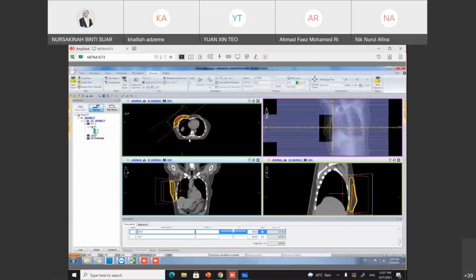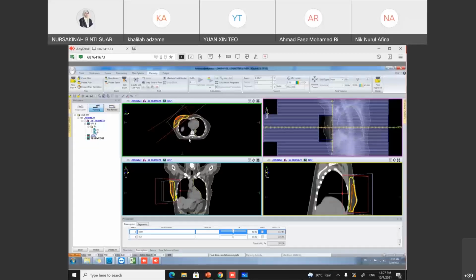So now the technique is called field in field technique. It's actually similar to the IMRT technique, where it uses MLC segments to shield off the hotspot. So this one is like a mini IMRT, I can say.